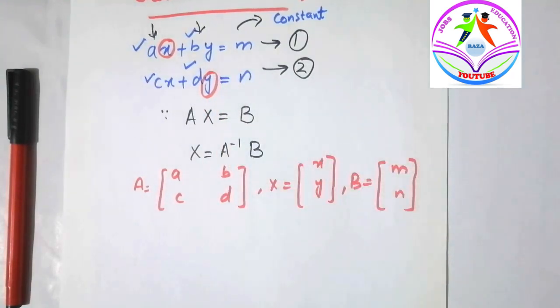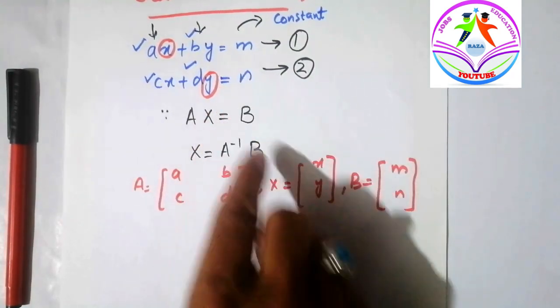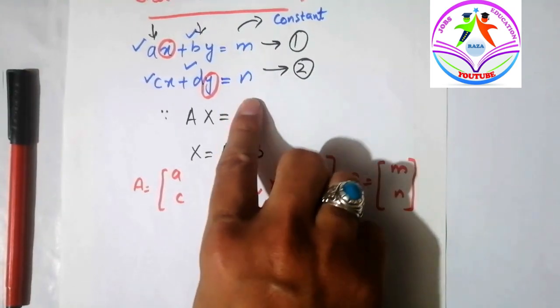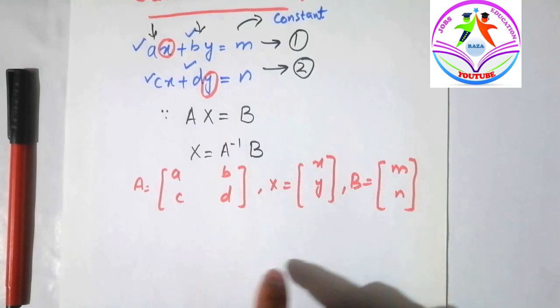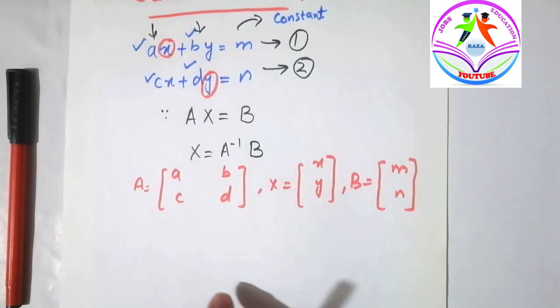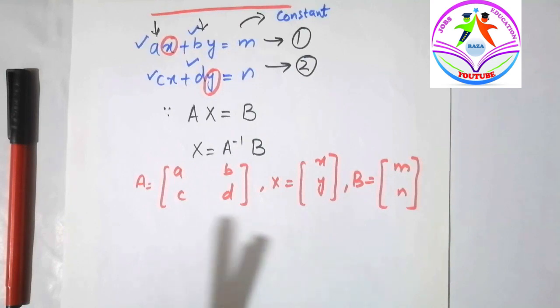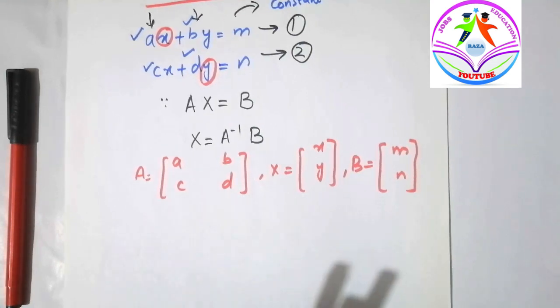And the second one is the constants, in the constant B matrix we write m and n. So from these two equations we write these three matrices and we are able to get their x and y values. Let's move to an example.